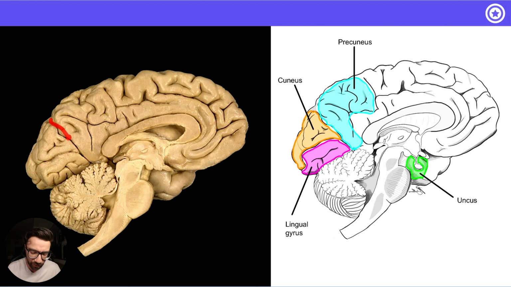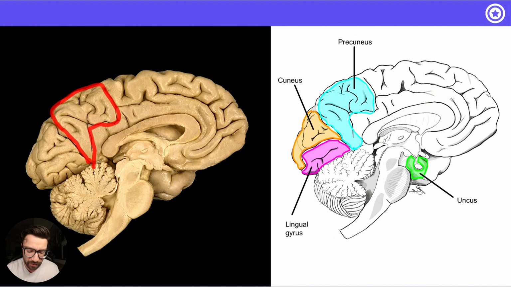And its anterior limit is going to be made up by that parieto-occipital sulcus right here. So our cuneus is going to be found within our occipital lobe, superior to the calcarine sulcus, and posterior to that parieto-occipital sulcus.